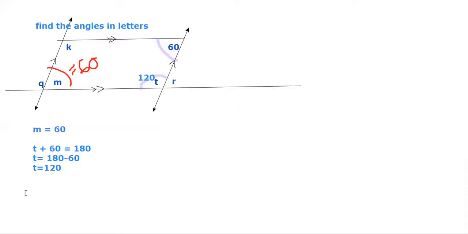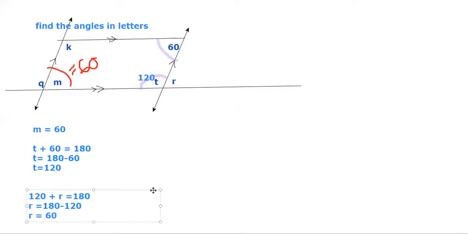So R, the same way. Somebody can say that R is alternate to 60, so R is 60. Or somebody can say that 120 plus R equals 180, implying that R equals 180 minus 120, implying that R equals 60.